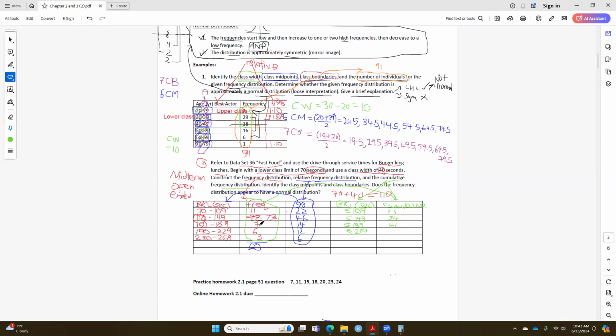So again, you add the frequency: these 3 are 41, plus 6, which is 47. And then the last one is less than or equal to 269, and we add everything up. We know the total is 50, so this will be 50 in this case. So this green that I drew here is what we call a cumulative frequency distribution. Questions, anyone?